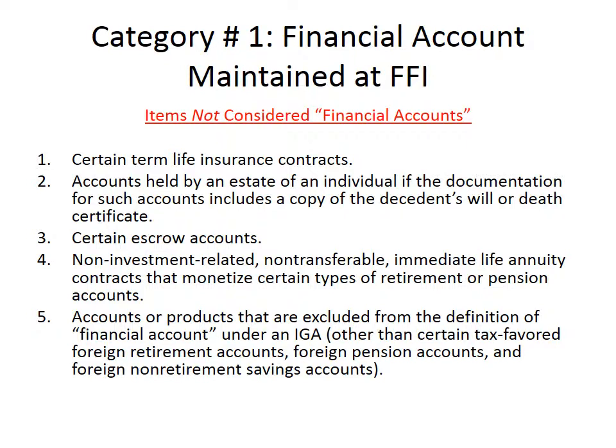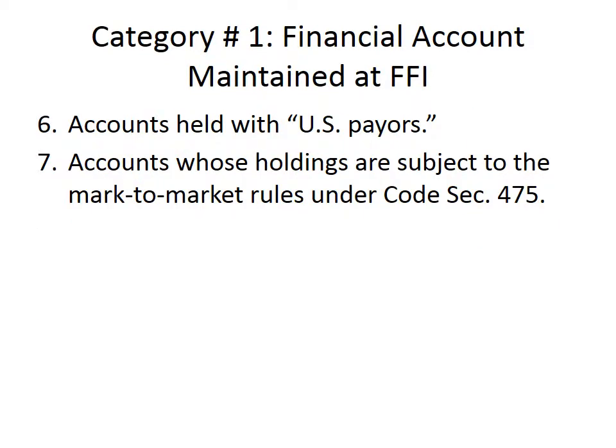Fifth, accounts or products that are excluded from the definition of financial account under an intergovernmental agreement, other than certain tax-favored foreign retirement accounts, foreign pension accounts, and foreign non-retirement savings accounts. Sixth, accounts held with U.S. payers. Seventh, accounts whose holdings are subject to the mark-to-market rules under Code Section 475.